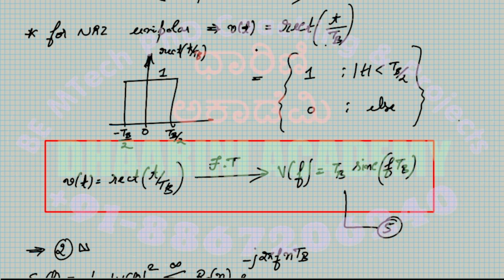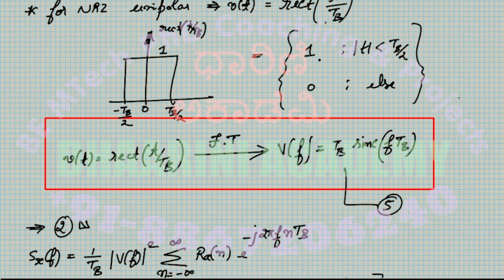So for that, this is the equation: rect of t by the duration, which is capital TB. So capital TB is the total duration of your pulse. So how do you write it? If you want to expand that and write, it is equal to 1 for magnitude of t less than TB by 2.